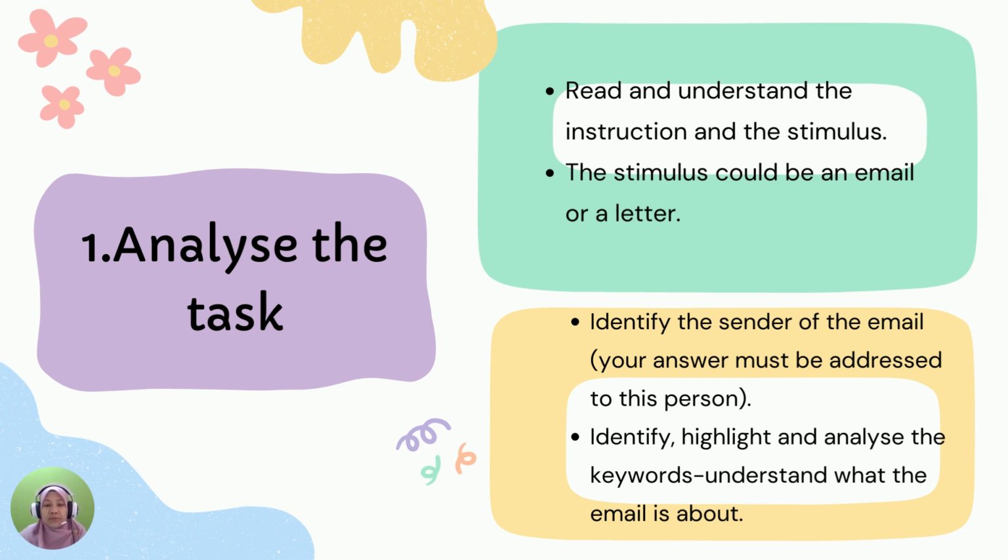It could be an email or a letter. Identify the sender of the email, and your answer must be addressed to this person. For this part, you may identify, highlight, and analyze the keywords and try to understand what the email is about.